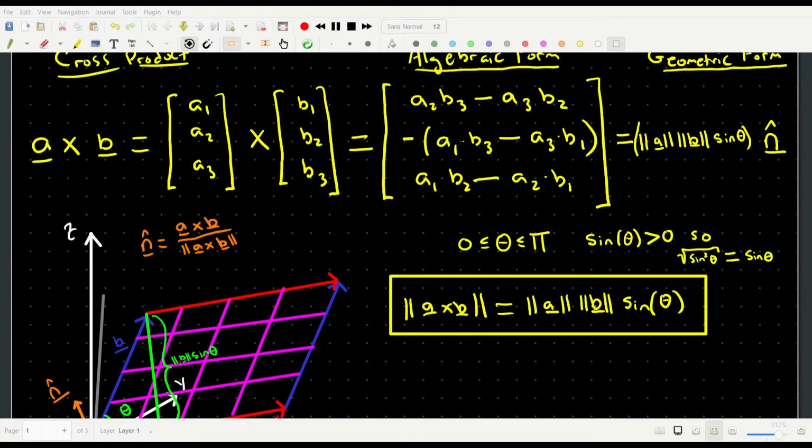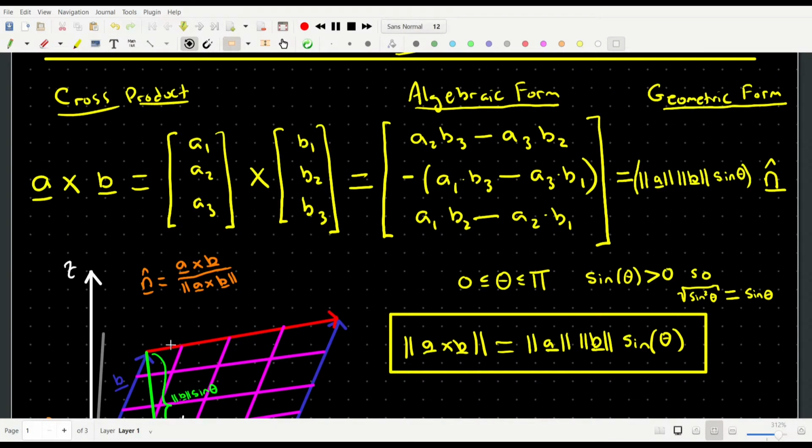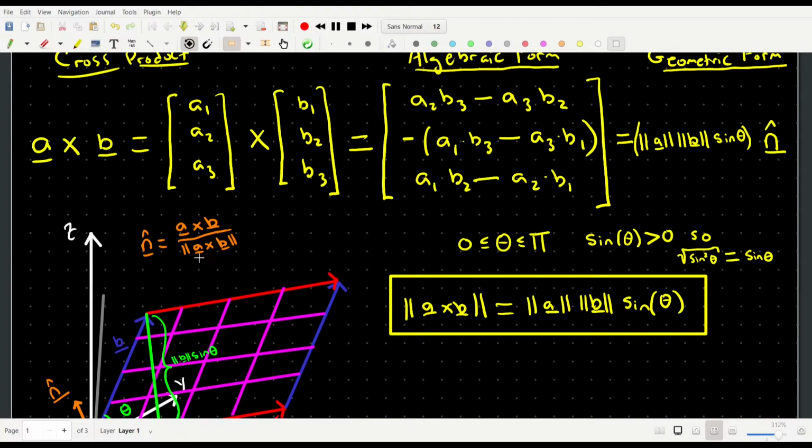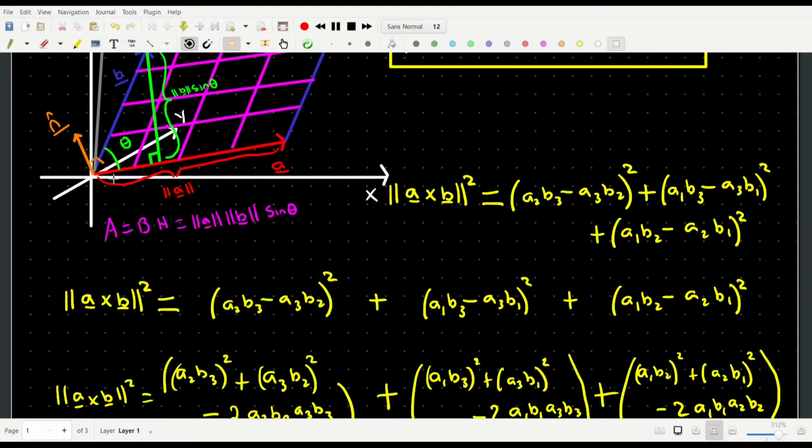And so what I want to do is briefly go over some basic properties of both the dot product and the cross product, so that we have them written down and you can always reference them in your notes. And these properties are going to include properties that allow us to directly show that the cross product is always going to be perpendicular to the original vectors used in forming it.